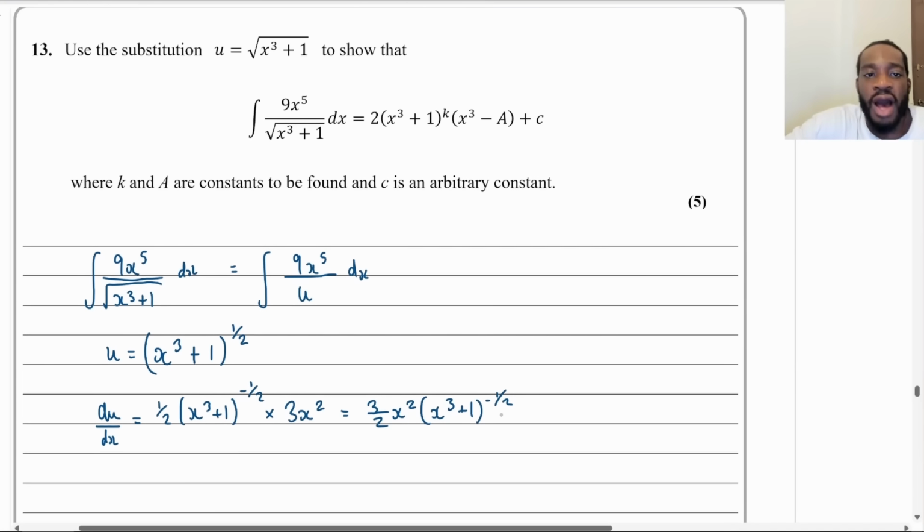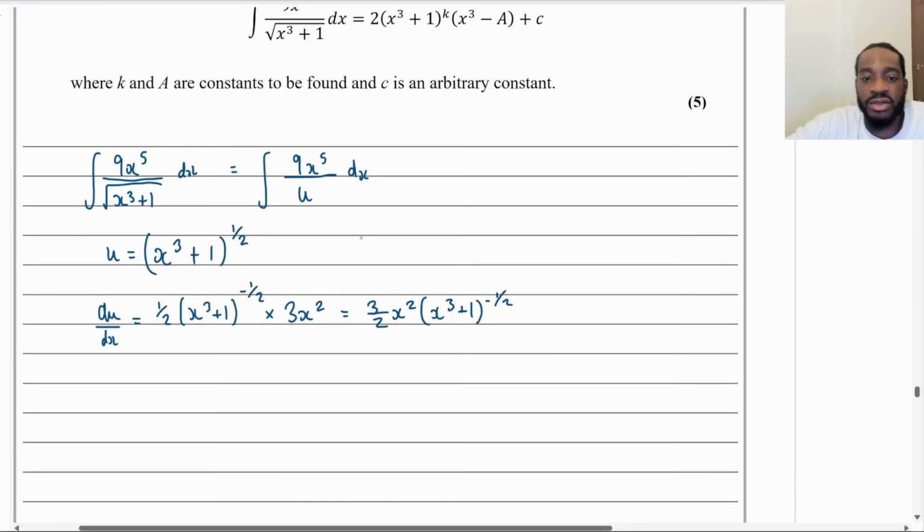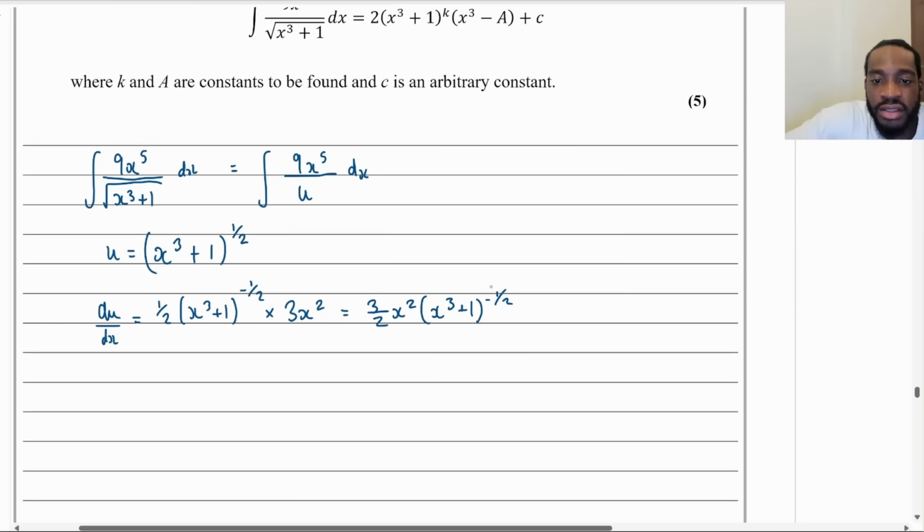Now, I'm going to rewrite this back into a root just because of the substitution. It might be easier to see what to do here. So if I do that, remember that minus means it can go at the bottom, isn't it? So it's going to be 3 over 2 x squared, sorry. And then that minus means it's going to be written as 1 over, and then x cubed plus 1 to the half, right? But remember that half is a root.